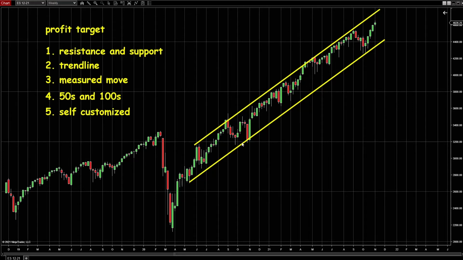Third, measured move. This is a very good way to take the profit. I'm going to take this for the trading for today. Fourth, 50s and 100s. Whenever the market is making the hundreds points or at the 50s, it's a very good level for people to take profit.